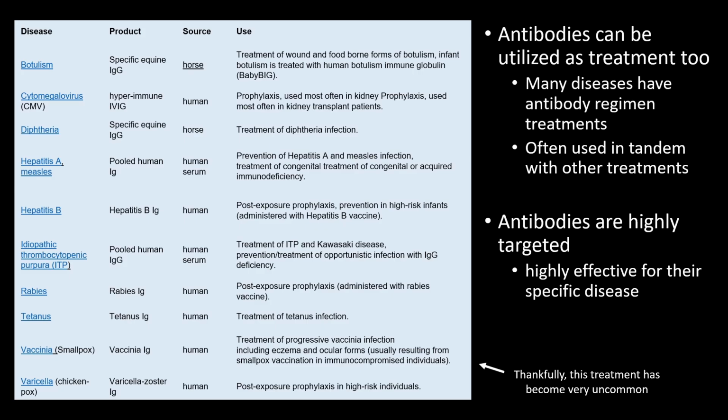The treatments for botulism, diphtheria, hepatitis A, B, measles, rabies, tetanus, even smallpox, although thankfully this one is not nearly as common anymore, since this is an extinct disease that we don't really have the need to do much treatment for. But these are all things that we could do. We could give somebody antibodies, and even if they don't have the immune memory to fight this thing off, we can give them antibodies to help them do that right away.